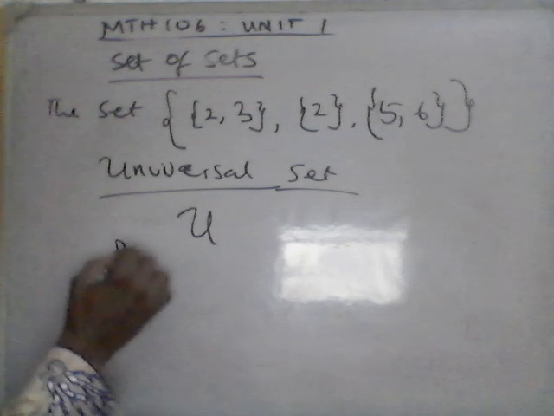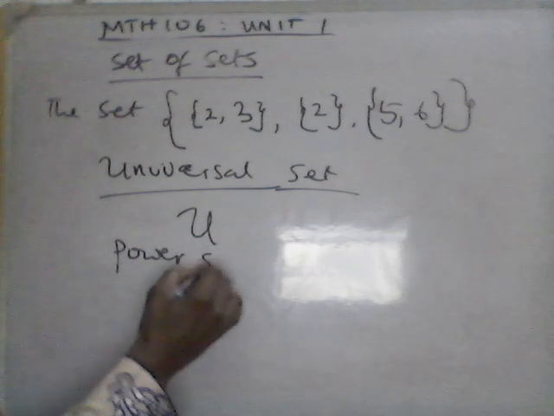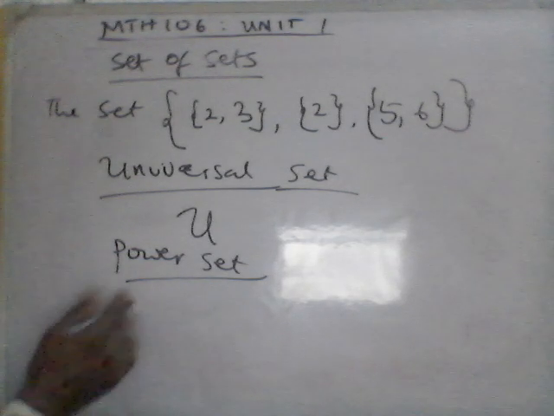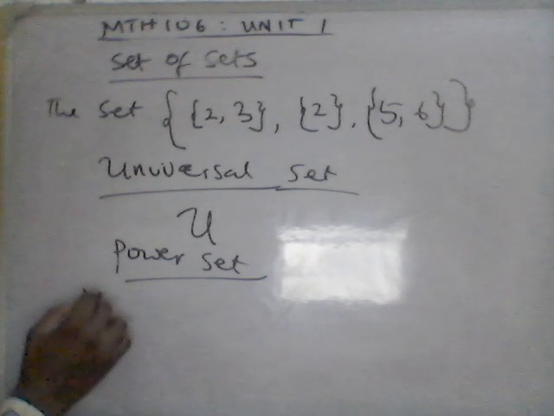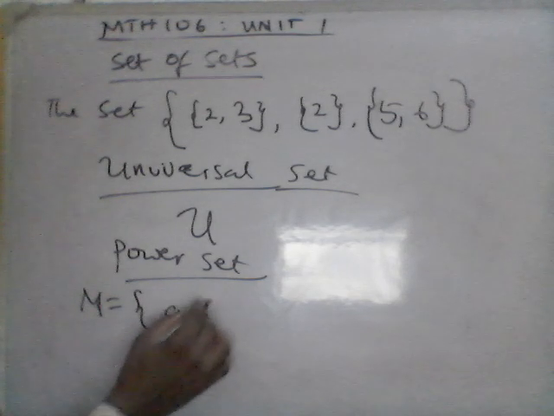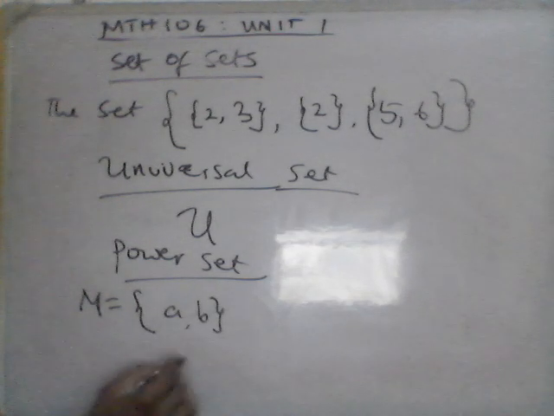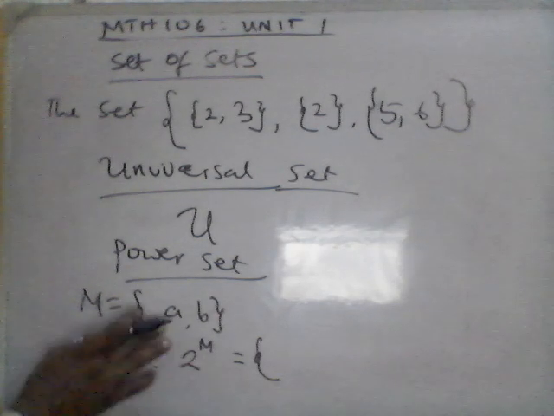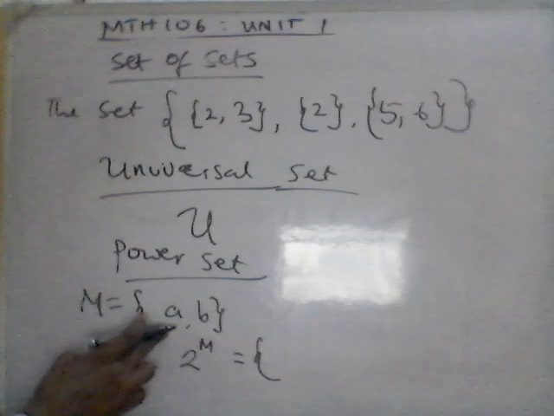So this is power set. If we have M, for instance, M is a set with the elements A and B. Therefore 2 raised to the power M is the same thing as saying I will now list all these sets.